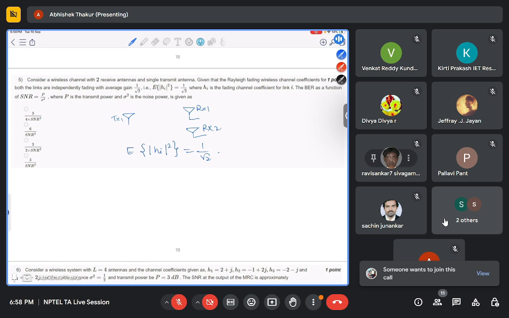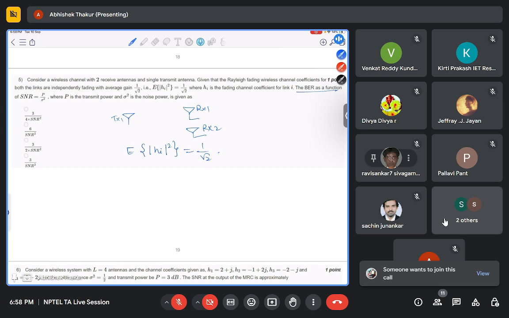So the BER is a function of SNR, that is equal to P by sigma square. P is the transmit power and sigma square is the noise power. So we have to find the BER as a function of SNR, and SNR is given P by sigma square.